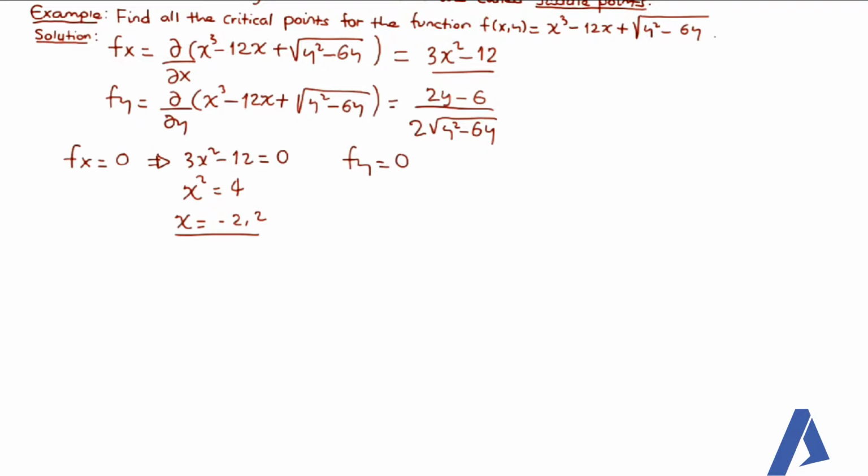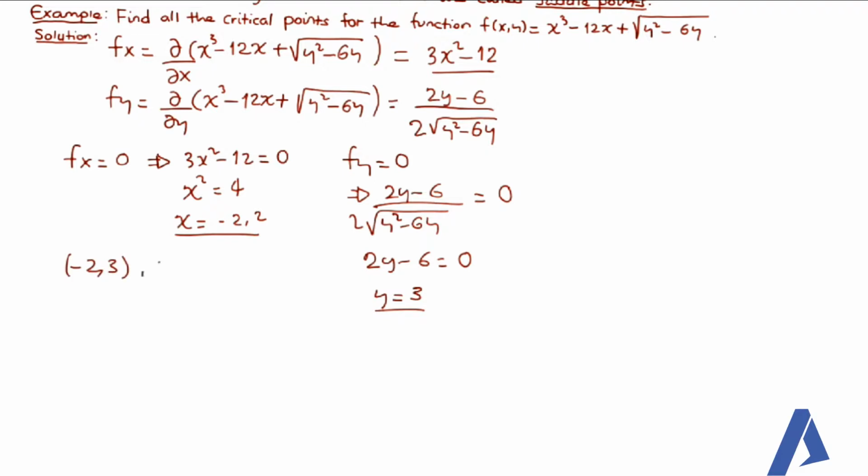Still የመጀመሪያው ኬዝ ላይ ነን። This implies that 2y minus 6 divided by the square root of the denominator is equal to 0. ስለዚህ እዚህ ጋር 2y minus 6 is equal to 0, y is equal to 3. አሁን እዚህ ጋር የመጀመሪያ ሴት ኦፍ ክሪቲካል ፖይንትስ ማግኘት እንችላለን, which is minus 2, 3 እና 2, 3.